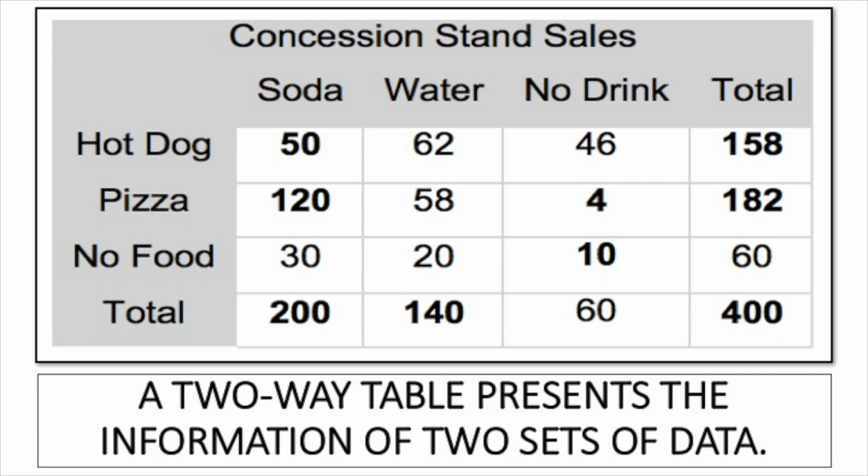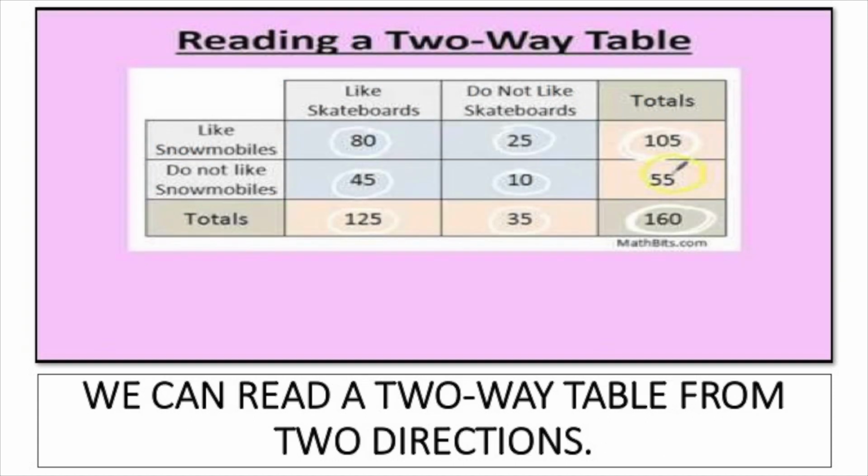A two-way table presents the information of two sets of data, like we've learned already. We can read a two-way table from two directions.